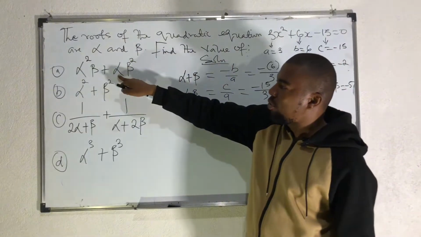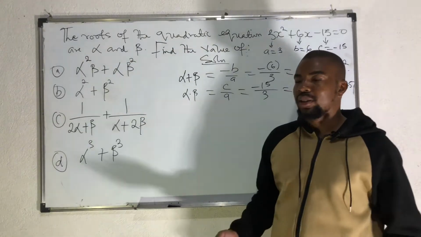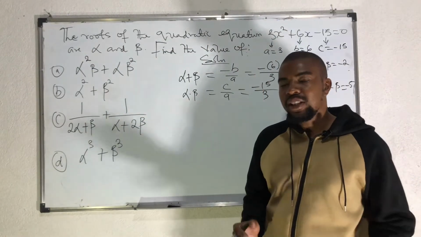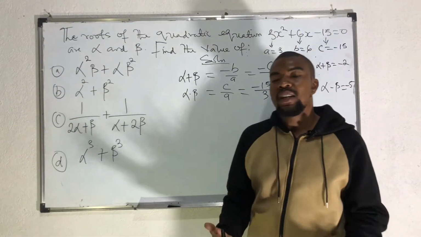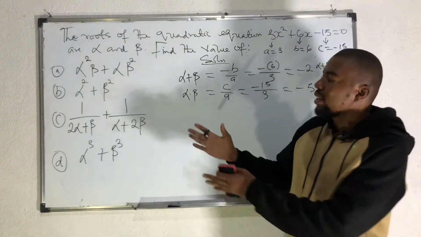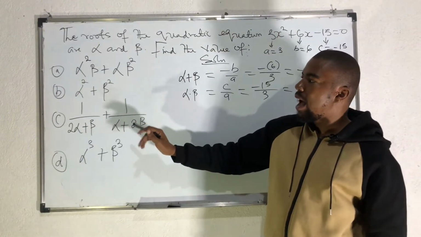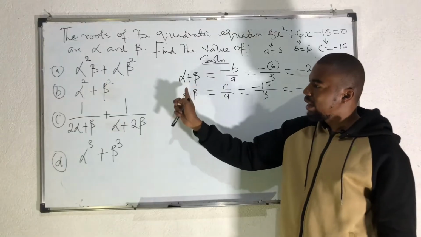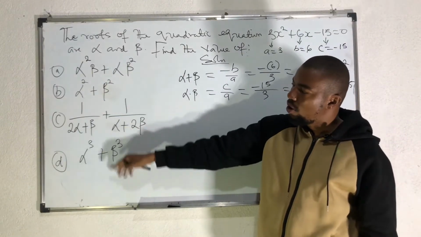If you look at this here, do you have alpha plus beta here? No. Do you have alpha times beta here? No, you don't. Your task every single time you come across this kind of problem should be, or your question should be, how can I transform this function in a way that I'll have something like this and like this found inside all of this?